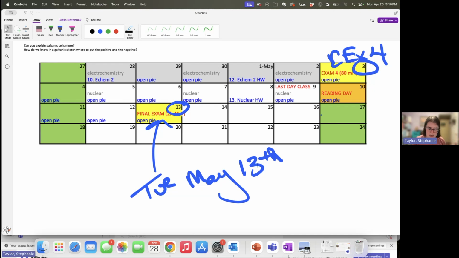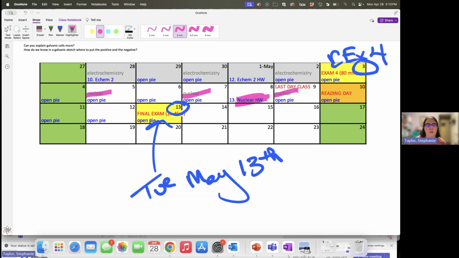I will also say the other thing with the final is that there's this lovely week here, and it says things like there's a nuclear homework, which is true, and we are covering nuclear this week.